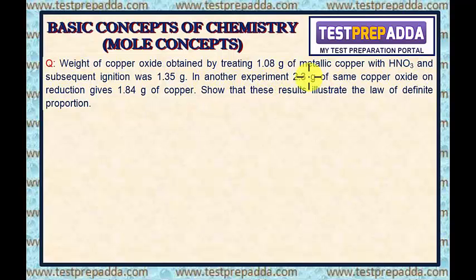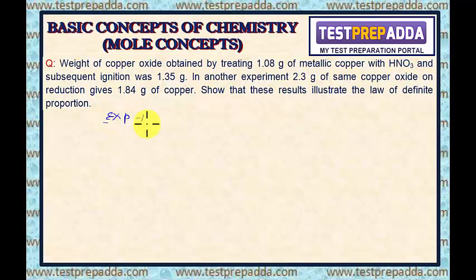In another experiment, 2.3 gram of same copper oxide on reduction gives 1.84 gram of copper. Show that these results illustrate the law of definite proportion. So there are two experiments here.